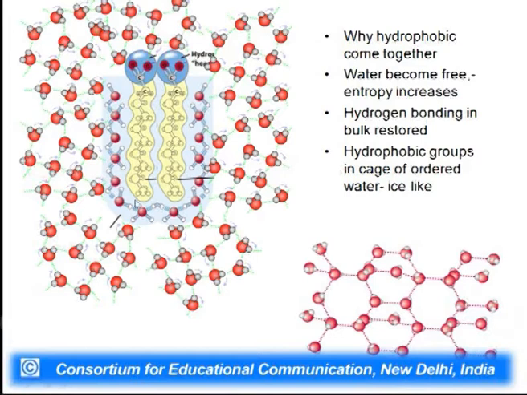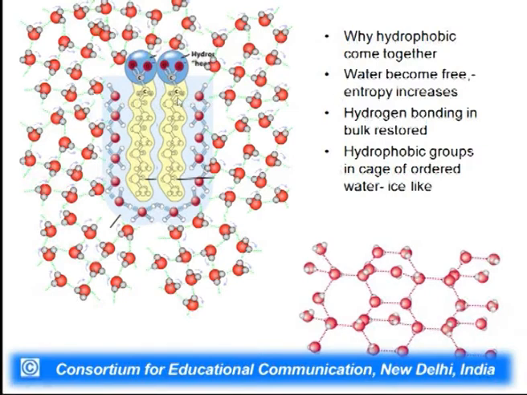This cage is somewhat similar to the ice-like structure, and ice is not the entropically stable form of water. So, now we know why hydrophobic molecules are going to come close together, so that they can result in an increase of the entropy of water and eventually an increase in the entropy of the system.